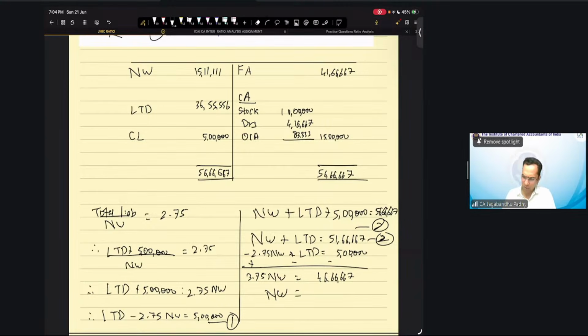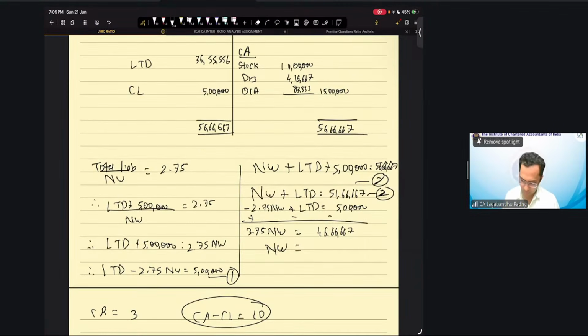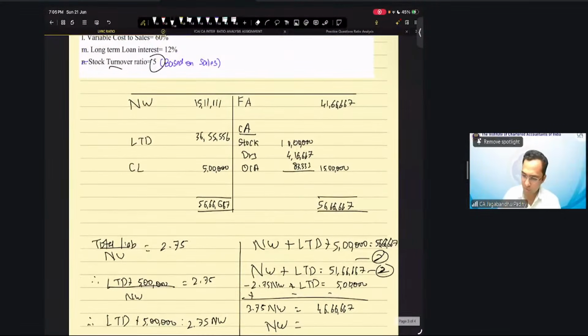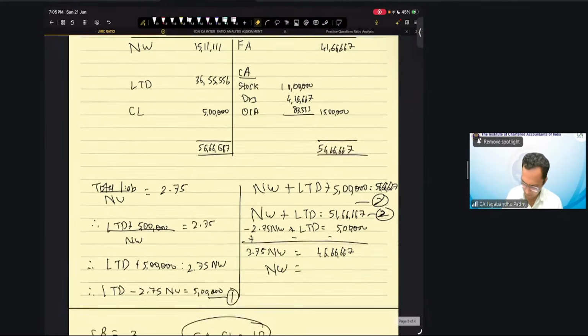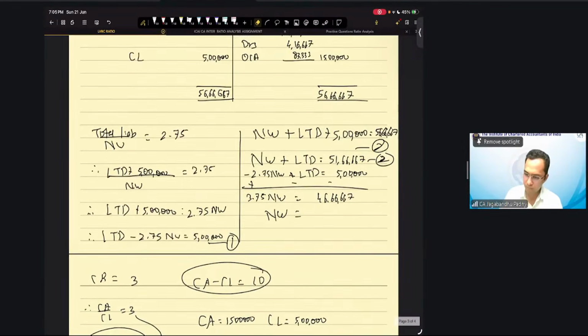It is 12 lakh 44,000. So this is incorrect. Net worth and long-term debt. Net worth seems to be an incorrect calculation.